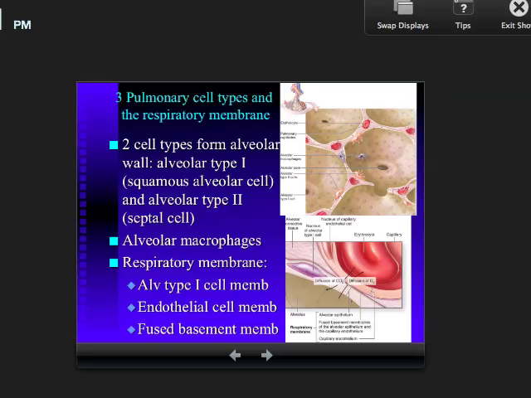It wants to bead up. The surface tension that's intrinsic to water wants that water to bead up, and so in essence that water, as it beads up, wants to collapse the alveolus.